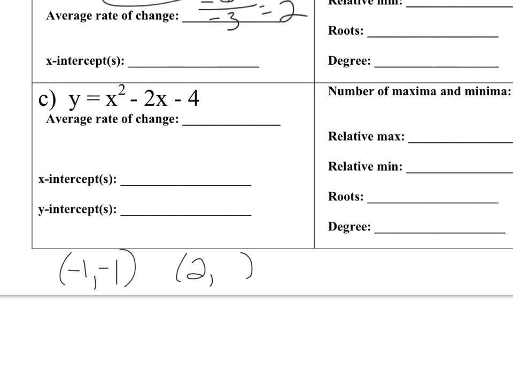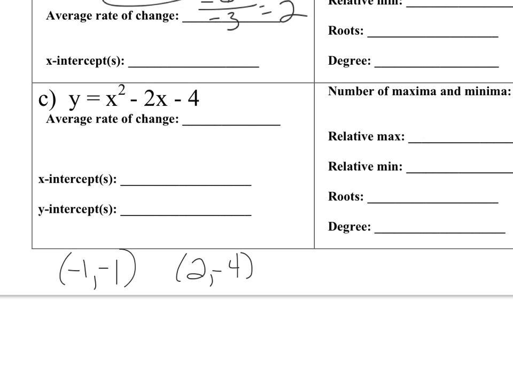And when I plug 2 into the equation, I'm just making sure I'm right here, I get -4. Okay, you can obviously check that if you want. Put it in your calculator. But for the sake of this lesson, those are right.